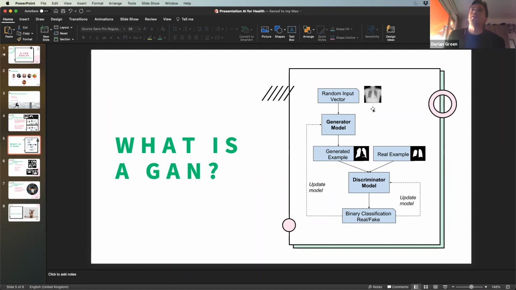So we are not actually generating the X-ray images, we're just generating the masks. And I think it is pretty easy for us, as human beings, to see if they're looking like real masks or not. But for our model, it will be a bit trickier.